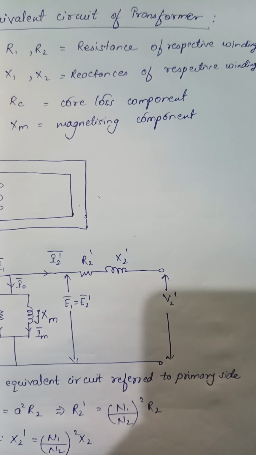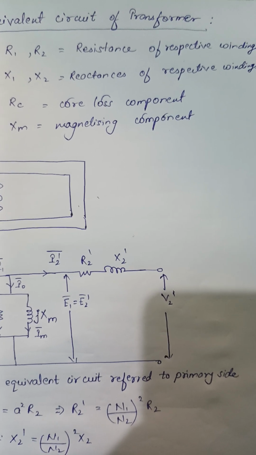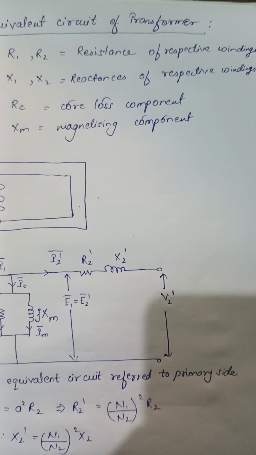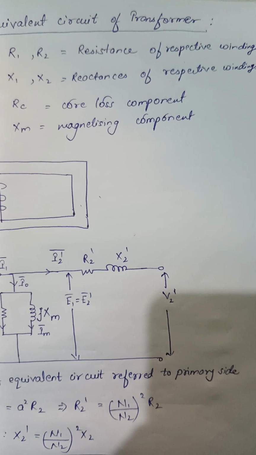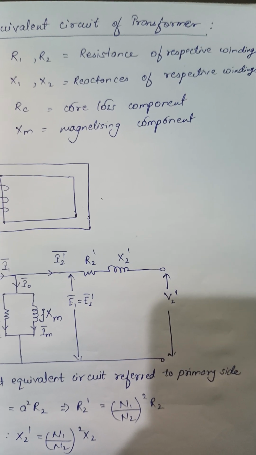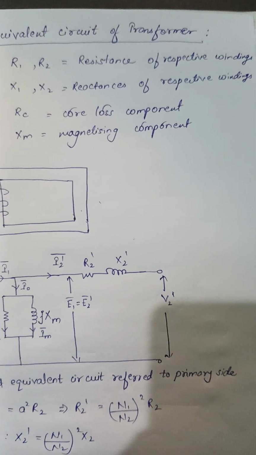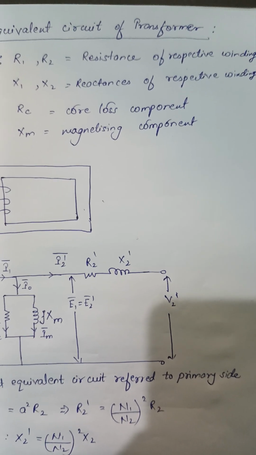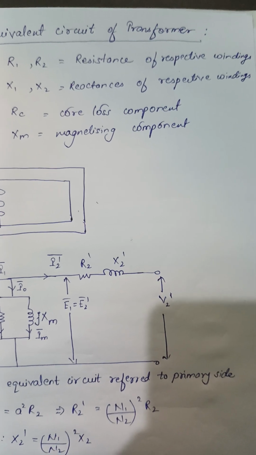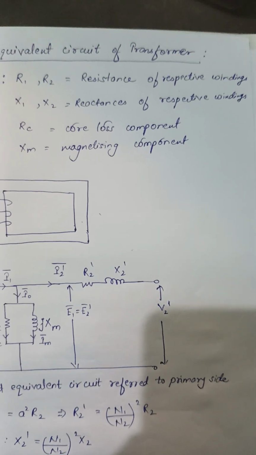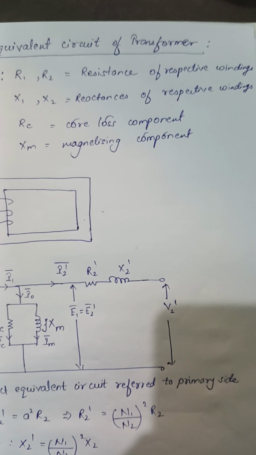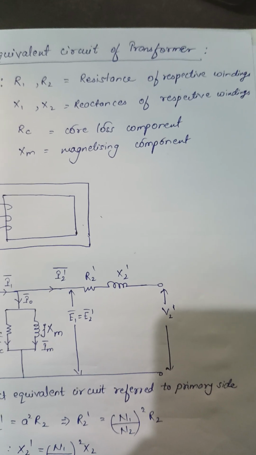In order to depict this loss in the magnetic flux in the primary and secondary circuit in terms of electrical parameters, we use the inductances X1 and X2, which we basically call the reactance X1 and reactance X2.